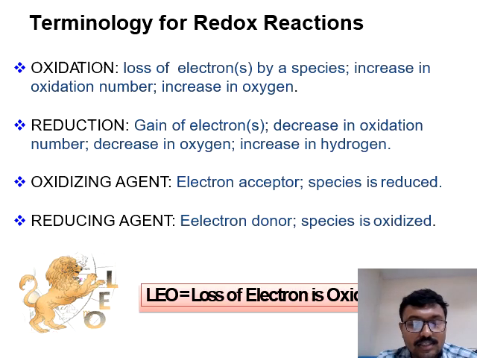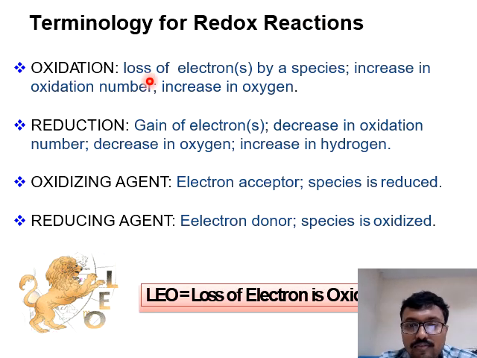First, when we discuss electrochemistry, the first thing we have to know is what is oxidation and what is reduction, what is an oxidizing agent and what is a reducing agent. Because electrochemistry is nothing but oxidation reduction reactions.